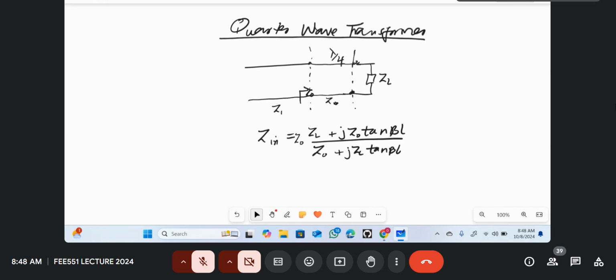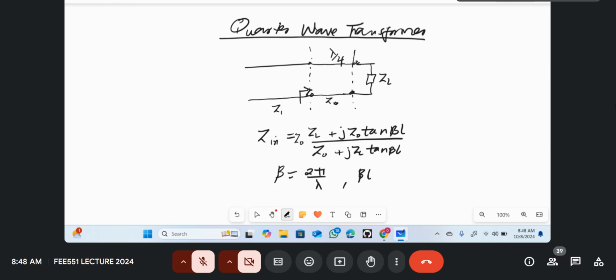So we know beta is 2 pi over lambda. So beta L will be 2 pi over lambda times the length. Our length is lambda over 4, so our beta L will be pi over 2.